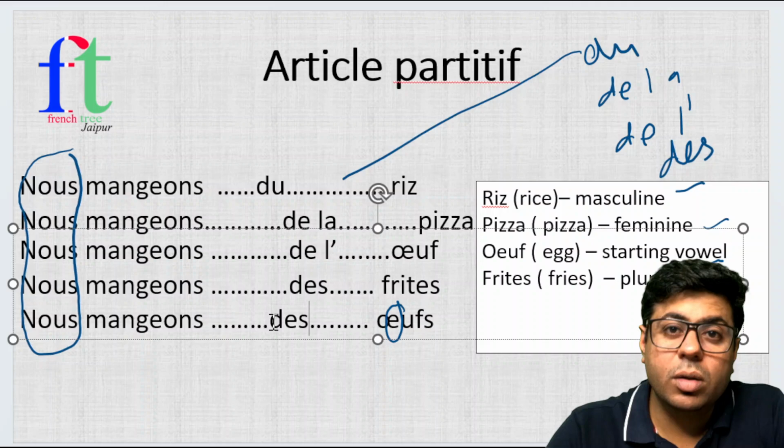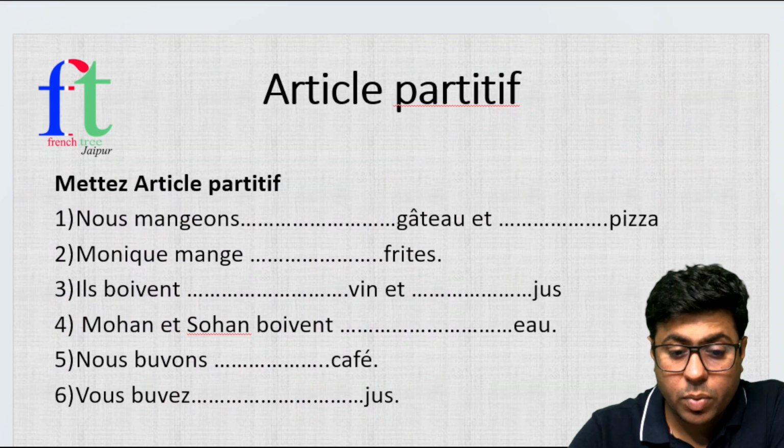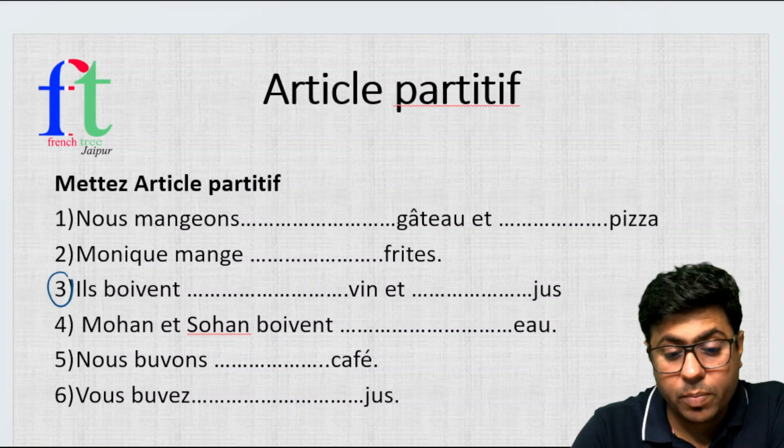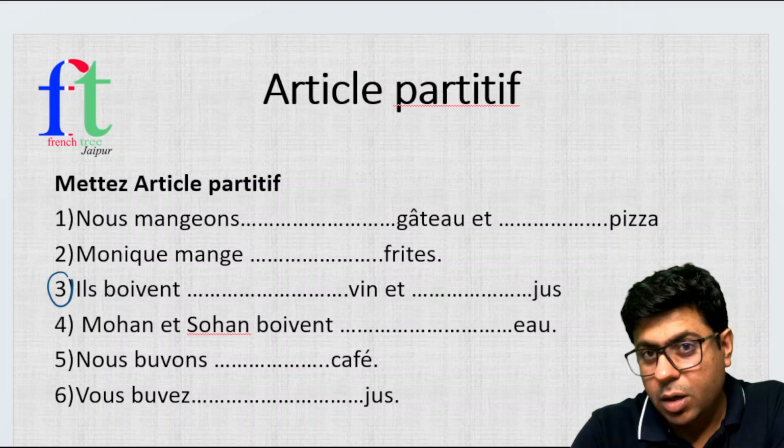The first two I do with you. The first, we have already done. We are working on the third one. Okay, that is new for you. Il boit dash vin et jus. Please look at your previous slides if you noted them, then check. What was the gender of vin?